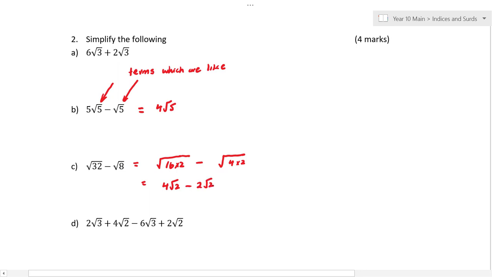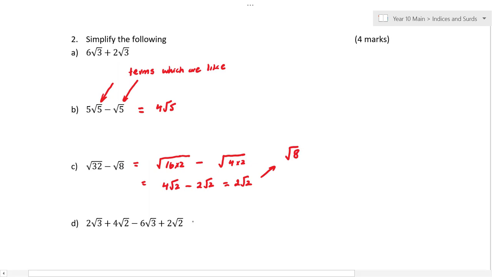And of course, a lot of you just simply left that as root 8, which is actually correct, but that is 2 root 2. So when they say simplify, a lot of you had an answer of root 8. Okay, now you should have lost half a mark for that.